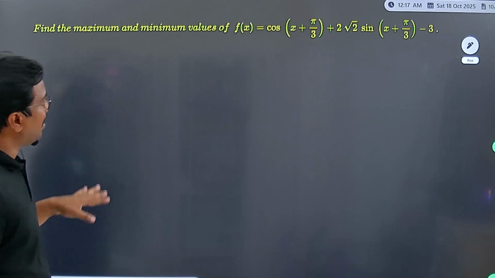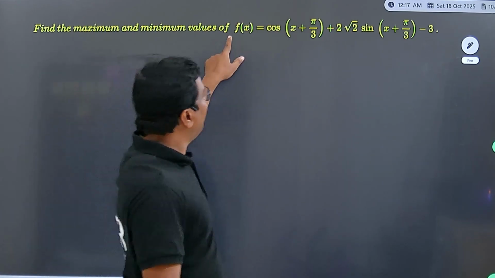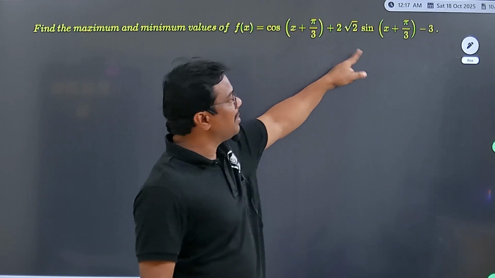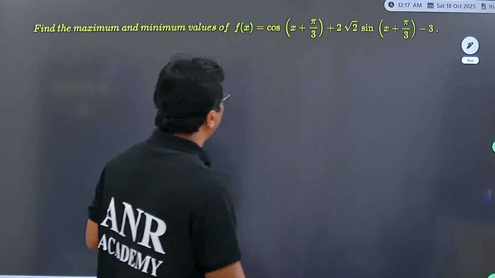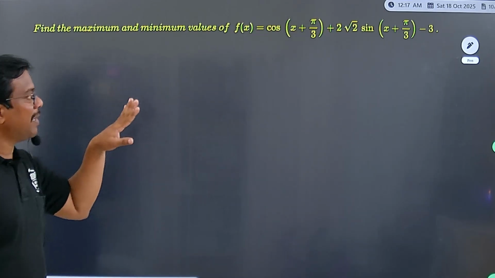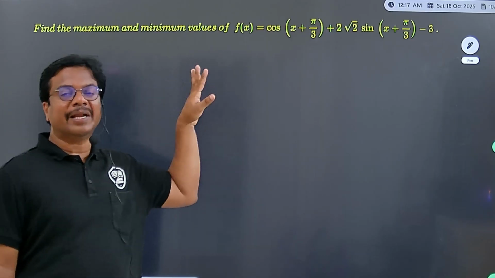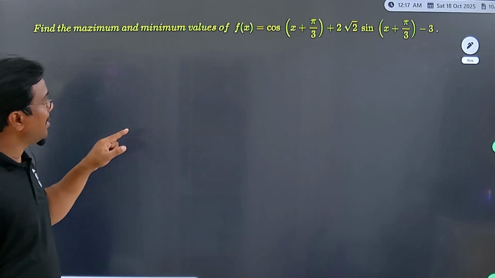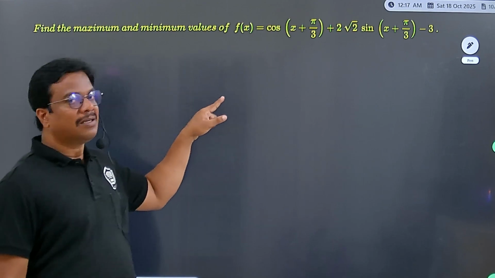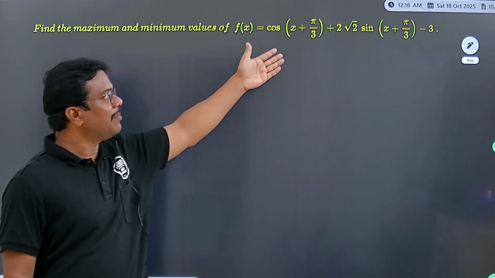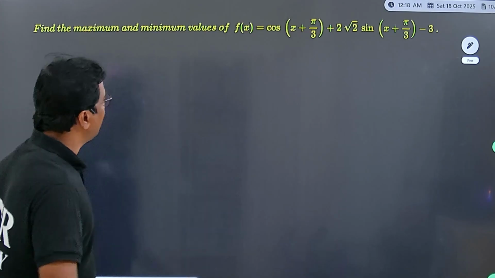Observe this question. Again it is of the form f of x equal to a cos x plus b sin x plus c only. Here the angle x plus pi by 3 you have to treat as some theta, that is f of theta equal to something into cos theta plus something into sin theta plus c.